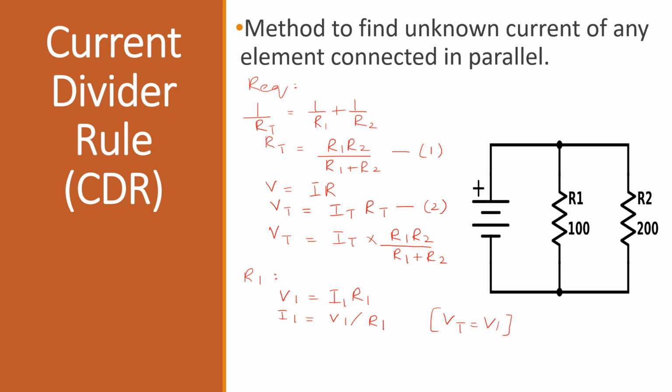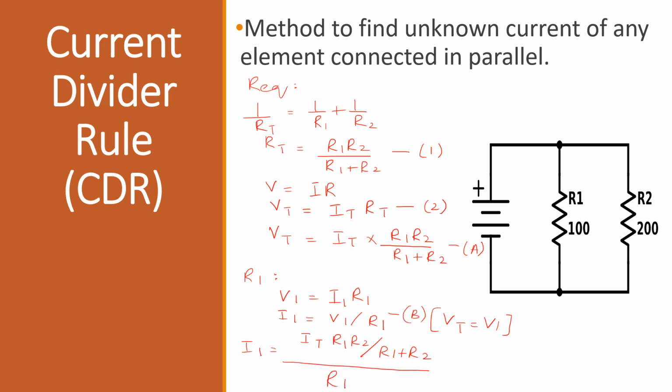Now, we'll put the value of Vt from this equation A into this equation B. So, we'll get I1 is equal to It R1 R2 divided by R1 plus R2, and this is divided by R1.